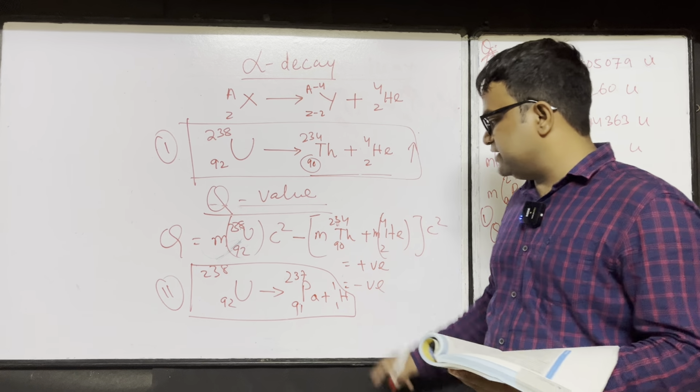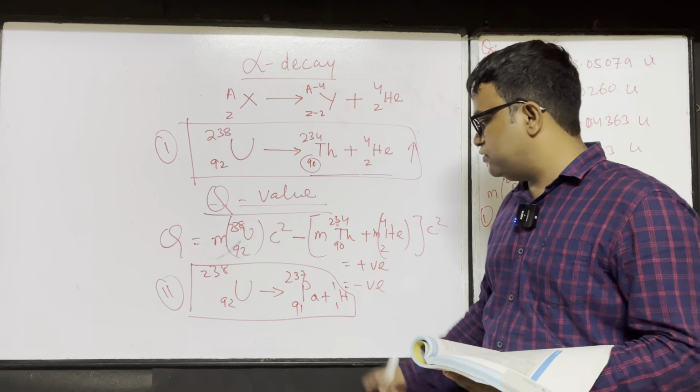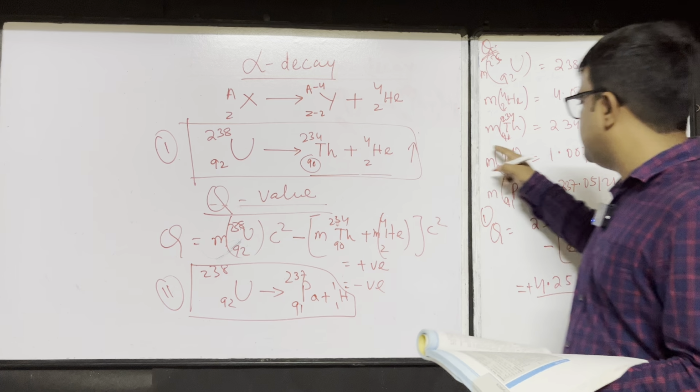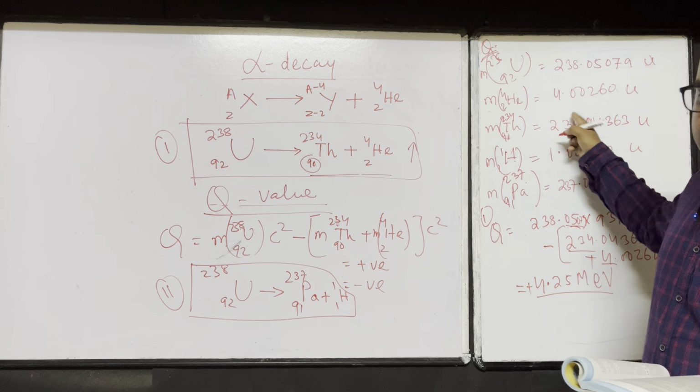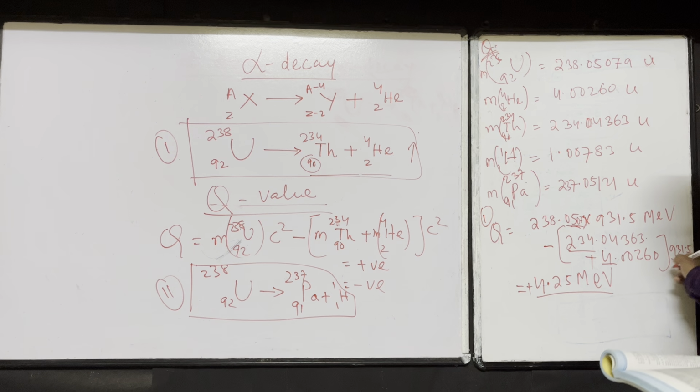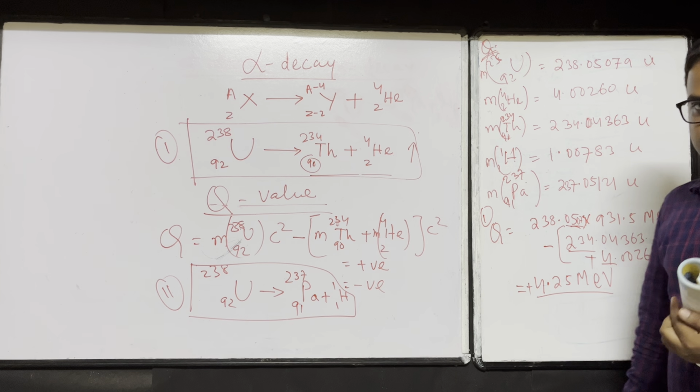But in case 2 I am leaving you to calculate the Q value. You just add these numbers for protactinium and hydrogen, all the masses are given, subtract from the uranium number, and in place of c square you just multiply by 931.5.